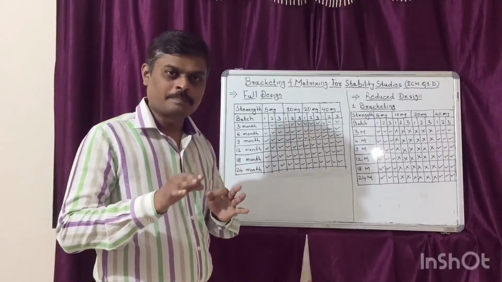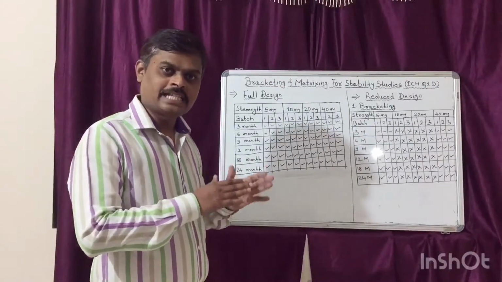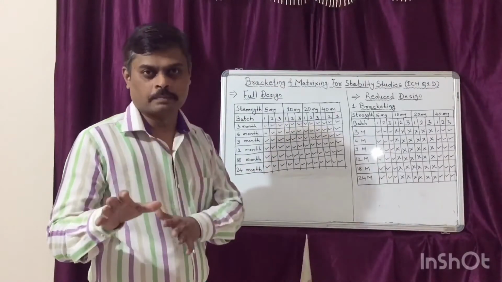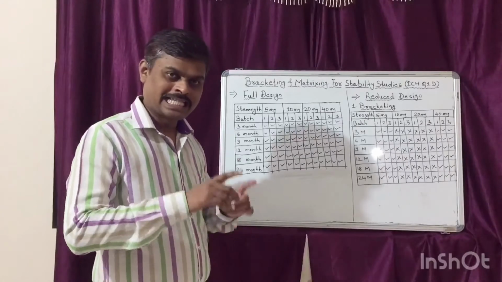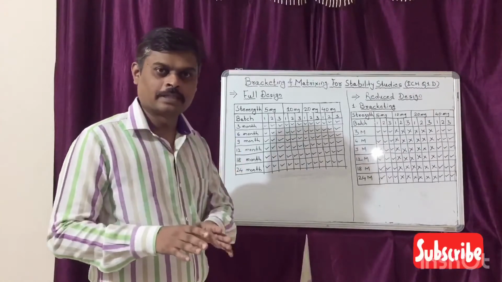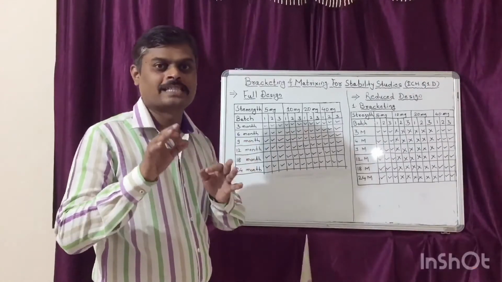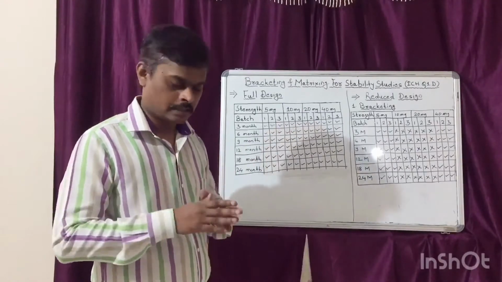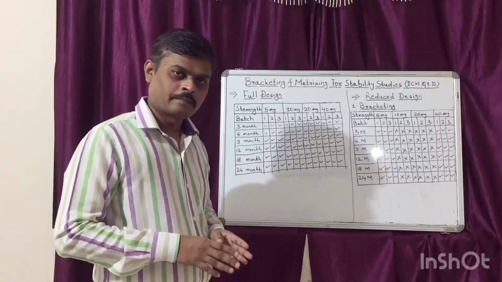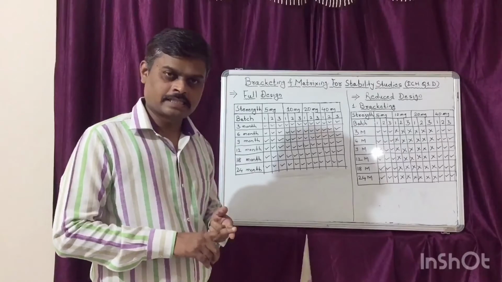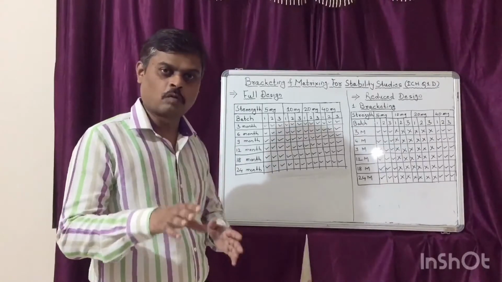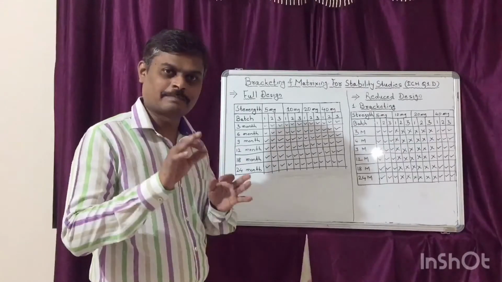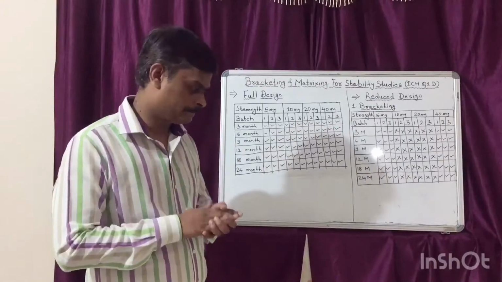What is the meaning of design factors? Design factors are different variables. For example, strength or label claim is one example of a design factor. Similarly, different container size or different fill volumes are also examples of design factors.